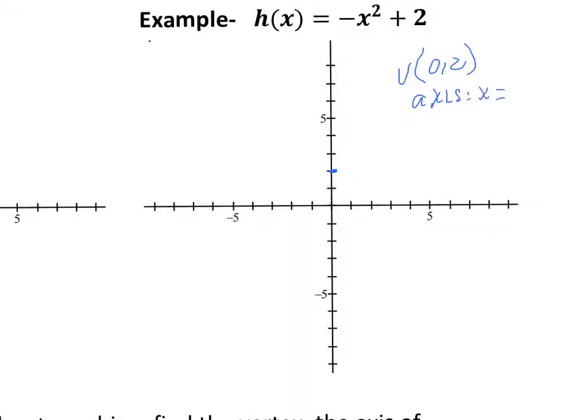In this case, it's x equals 0, because we didn't move it left or right, so it's our axis of symmetry. And is this a min or a max now? This is a max, and what is my max? 2. Max is 2, and it occurs at 0. Correct.